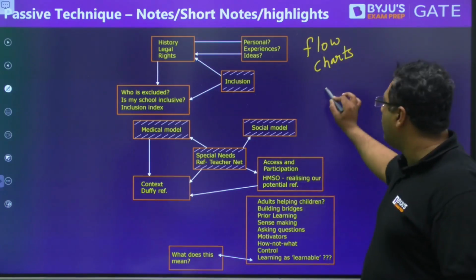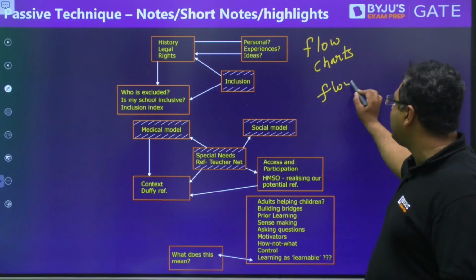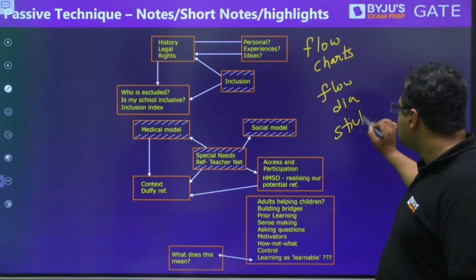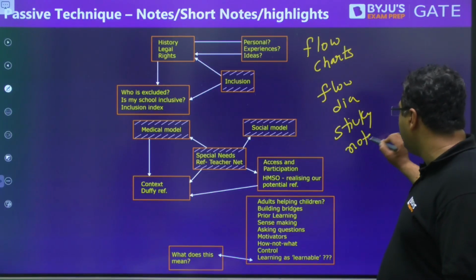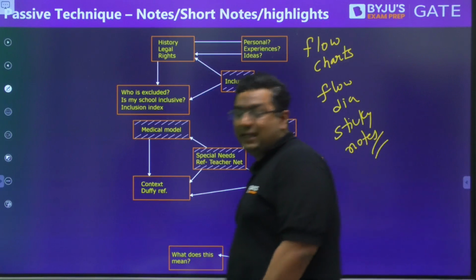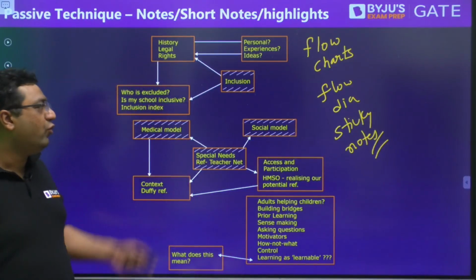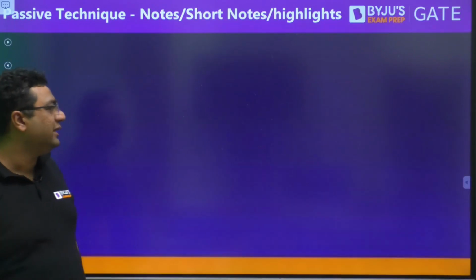You can make flow charts and flow diagrams. You can also use sticky notes. So all these things will help you revise, and also you will have the short notes for revision at the time of your examination.